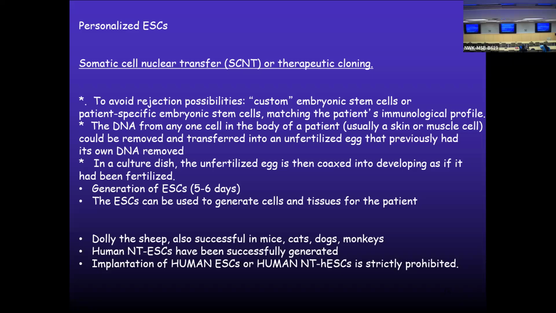In fact, the process of cloning is successful in monkeys, in Dolly the sheep, for example, in cats, dogs. The president of Argentina, for example, has dogs that have been cloned.